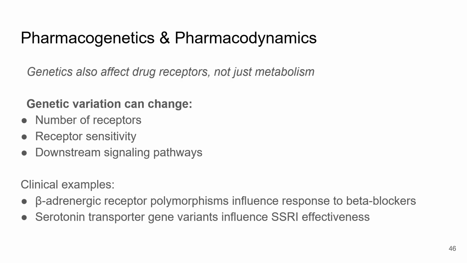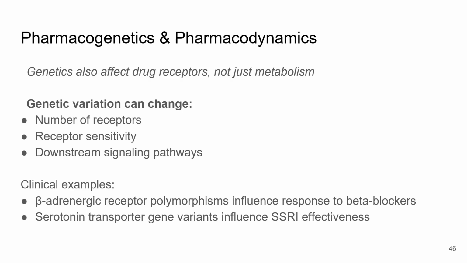Some receptors will respond very strongly when a drug binds, while others produce a weaker response even with the same drug concentration. Genetic differences can affect downstream signaling pathways. So even if a drug binds normally to a receptor, the signal inside the cell may be amplified, reduced, or altered, all changing the clinical effect.